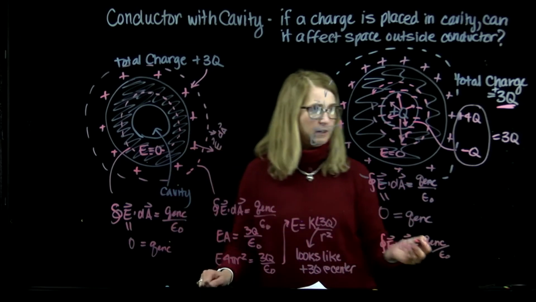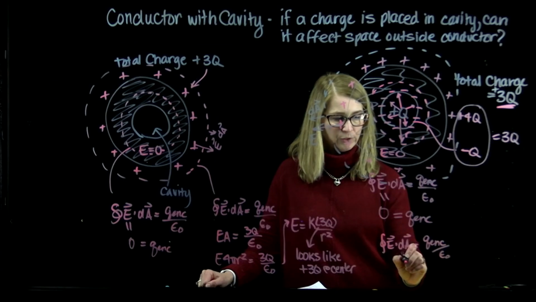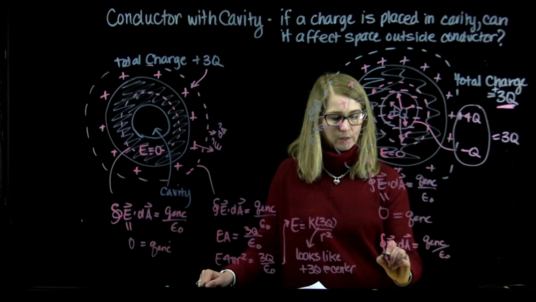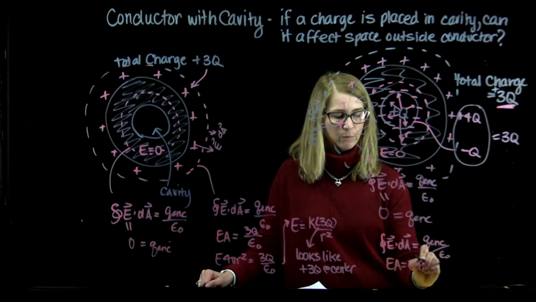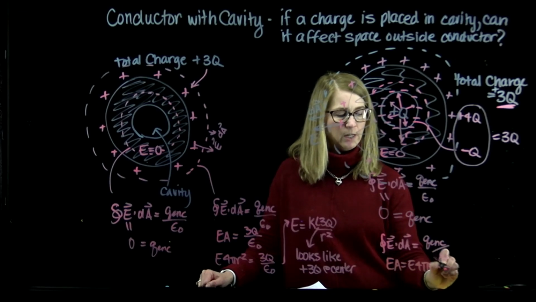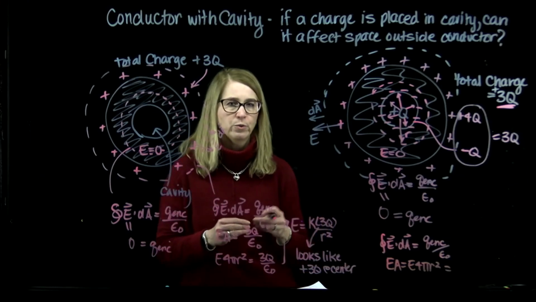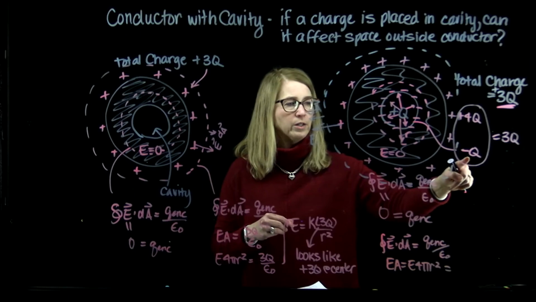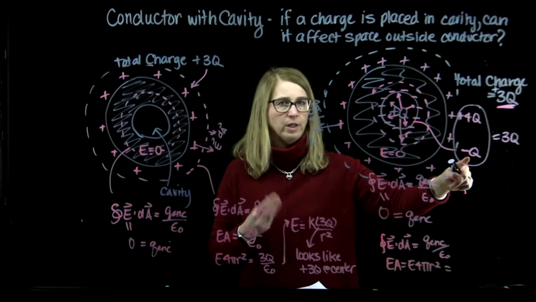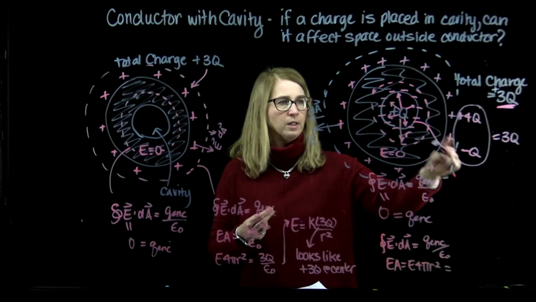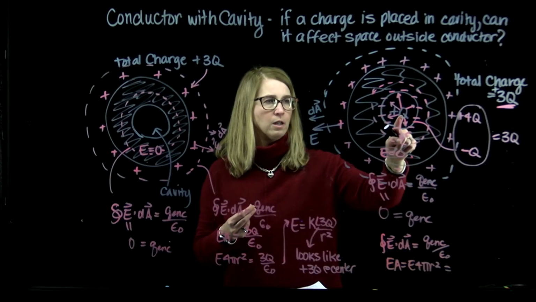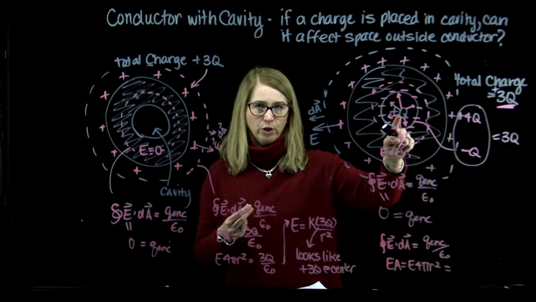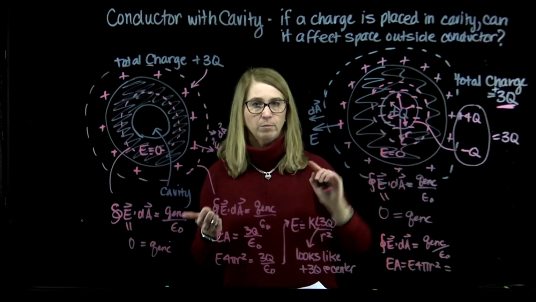And so what we have is, this is just going to be E times A, which is equal to E times 4 pi r squared. Now how much charge do I have enclosed? We have to go one by one. I have plus 4Q and then minus 1Q. So that gave me plus 3. And then I have this other one of plus Q. So I had plus 3, and now I add 1, and I got plus 4Q.